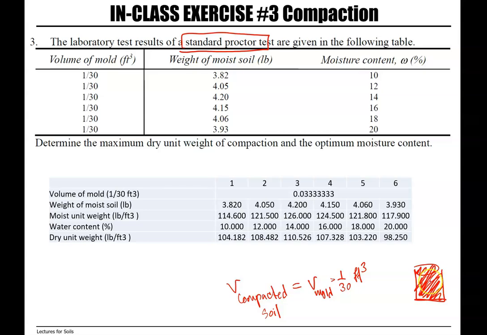And we also have weight of moist soil. So weight of moist soil is weight of compacted soil in here. So we also have weight. This will be volume of compacted soil. And this is weight of our compacted soil in the mold. When you divide weight by volume, you can calculate moist unit weight.